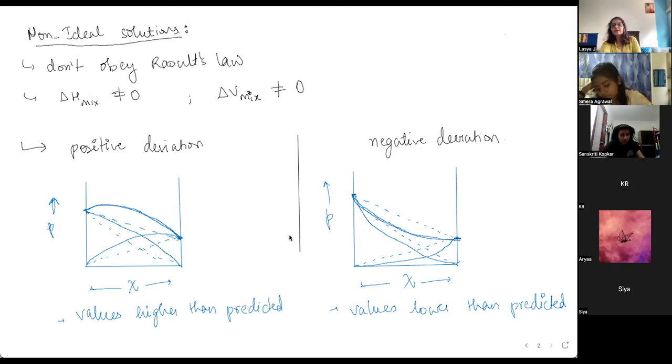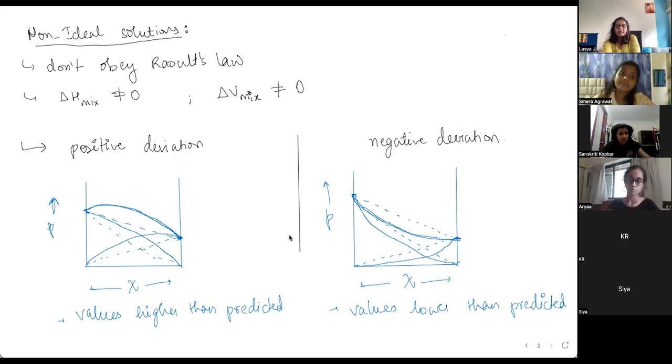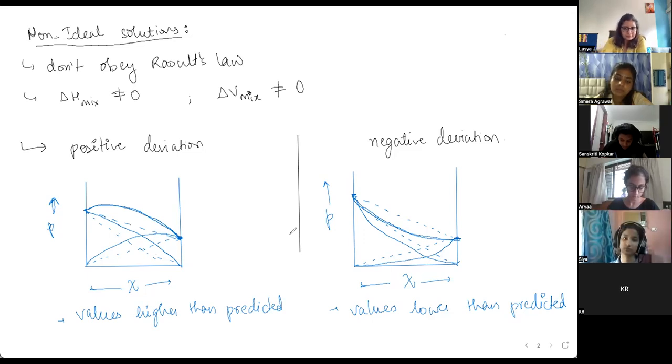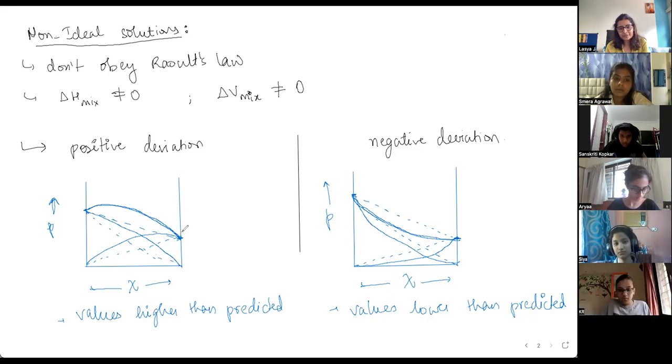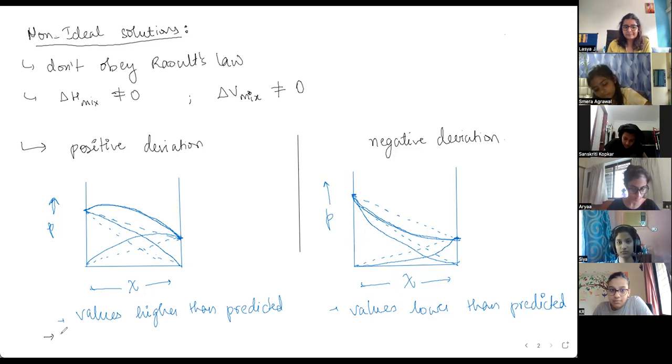Sorry about that. So, you were asking when is it positive, when is it negative? Vapor pressure should be higher, meaning the particles are able to get into vapor easily. So they're not being held by the solution, meaning the interaction should be weaker.